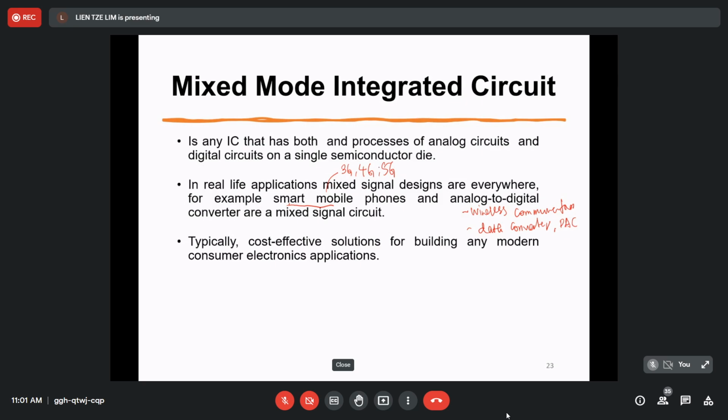This is for wireless communications. 3G, 4G, 5G are the technologies of wireless communications. So all of these technologies use mixed mode IC.